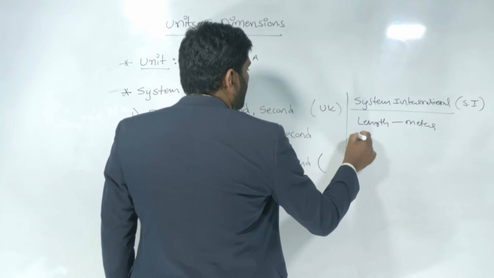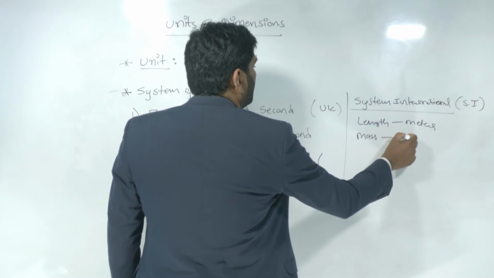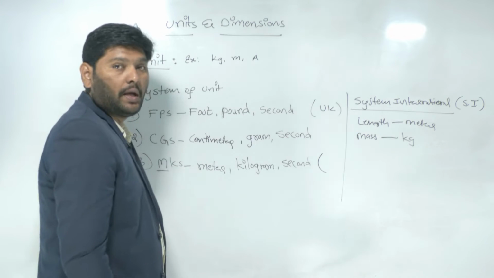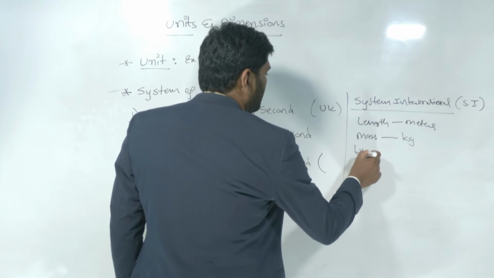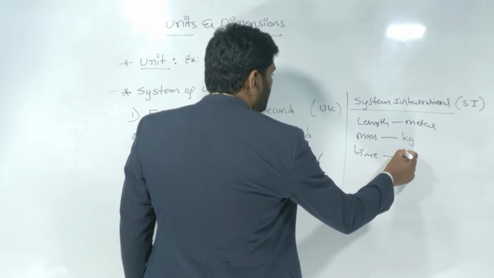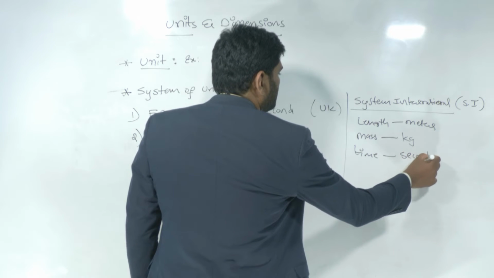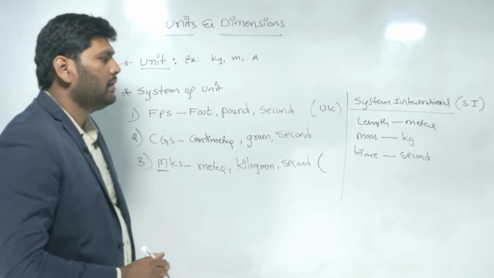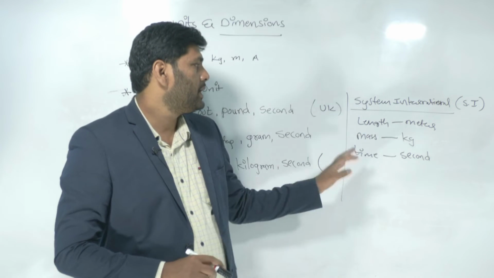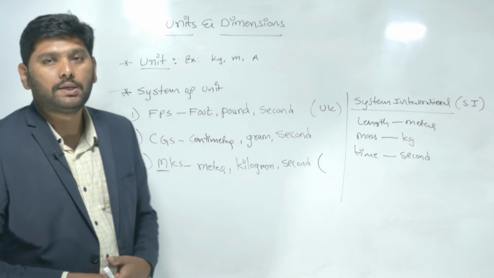And in the same way, mass unit is kg, that is kilogram, and time unit is second. This is the system of units we use all over the countries.